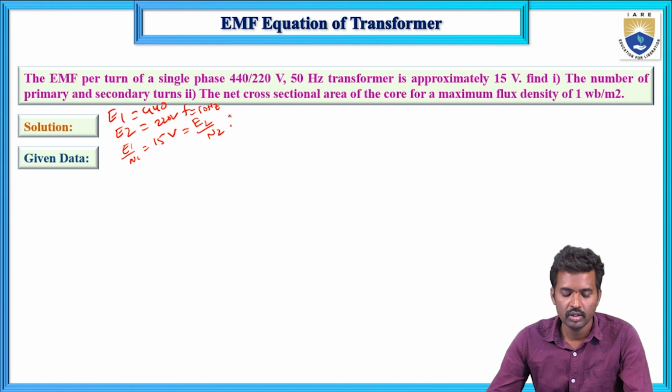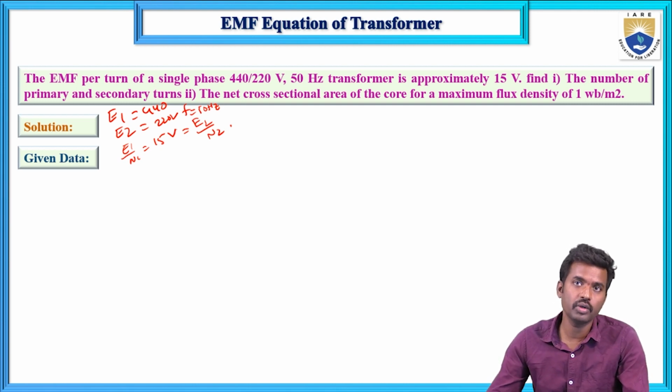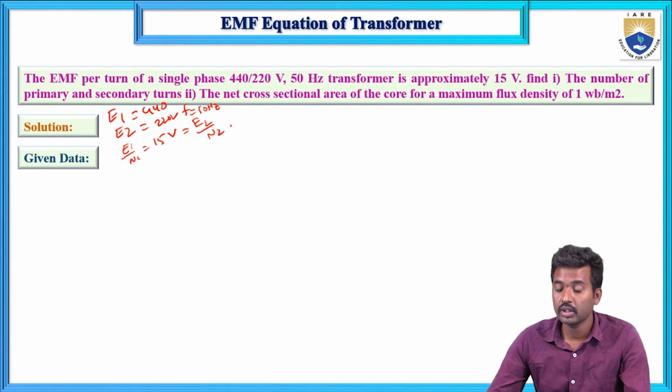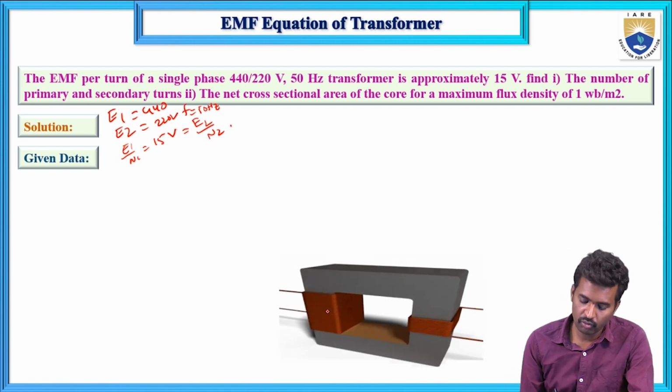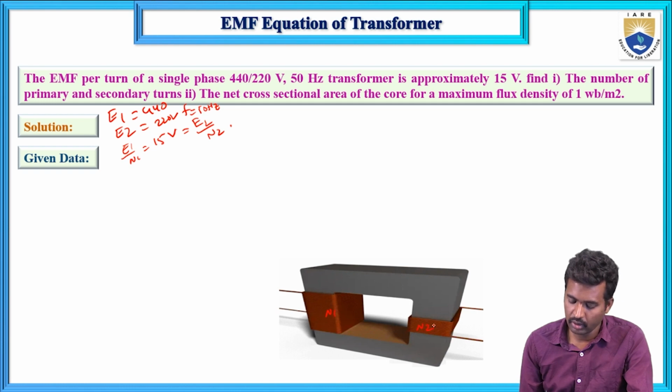Now if you know E1, then you can calculate N1 from the EMF per turn. So this is N1 and N2, this is E1 and this is E2. The EMF per turn is 15, and this is 440 volts, that is V1, and this voltage is 220 volts, that is V2.